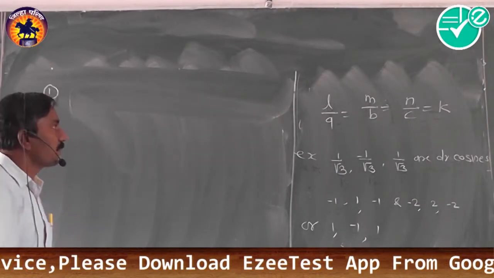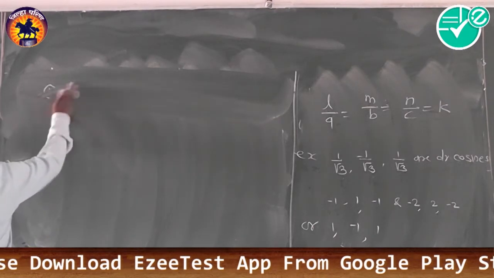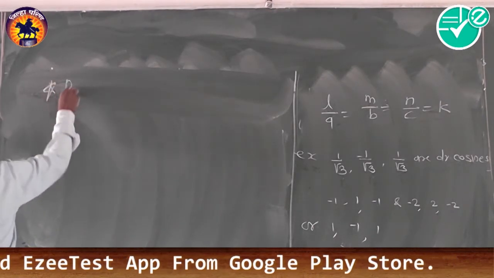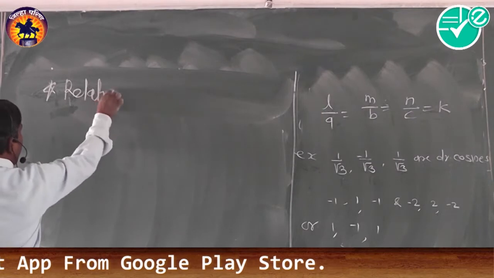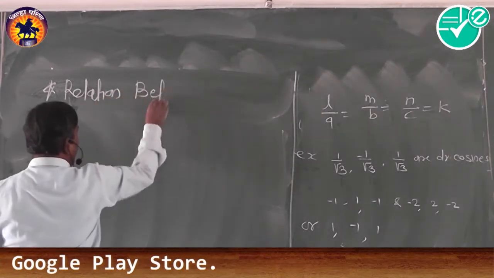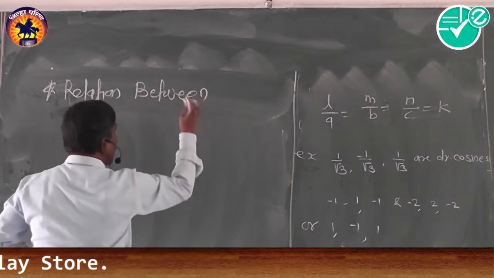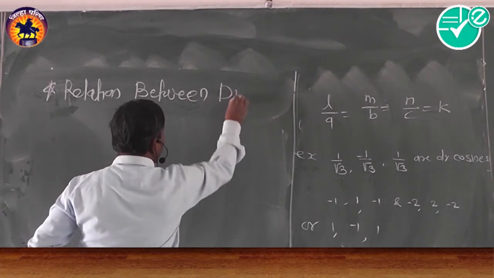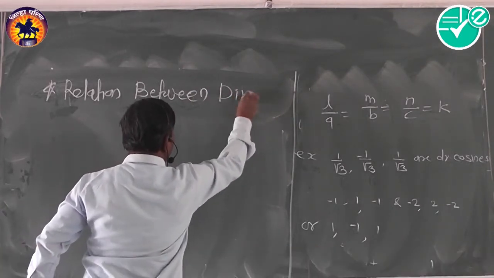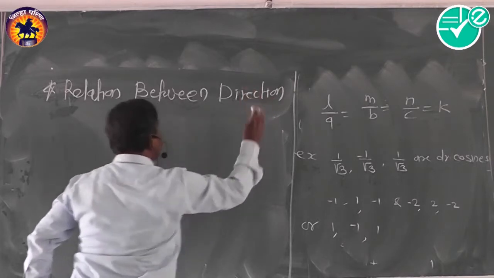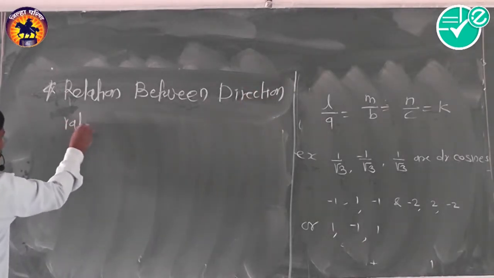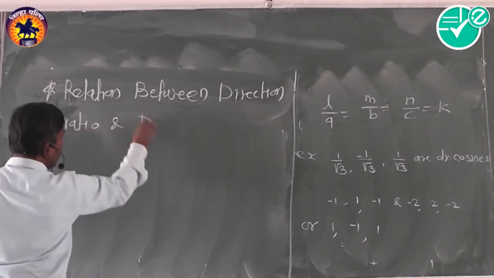Before this, we saw the relation between direction ratio and direction cosine.